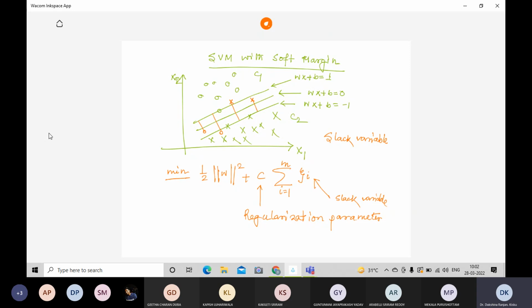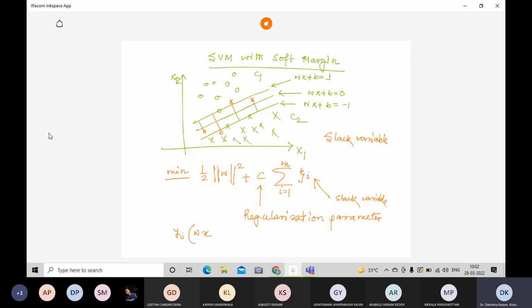Similar to the hard margin, in the case of soft margin we obtain the same constraint after considering the slack variable.